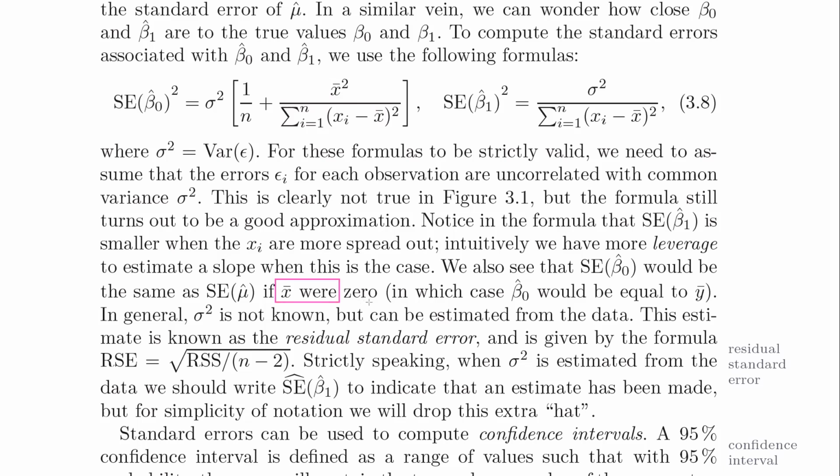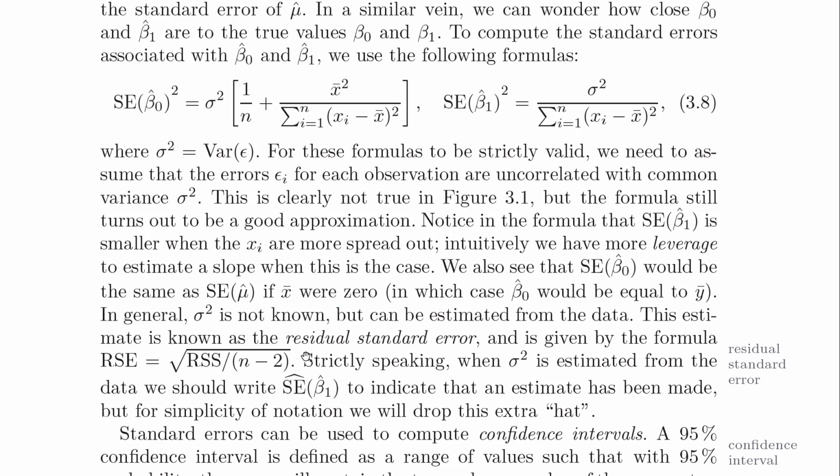If x bar were 0, if the mean of the x data values is 0, this numerator is 0, 0 squared, 0 divided by anything, as long as you're not dividing by 0, is 0, and you're back to just sigma squared over n.